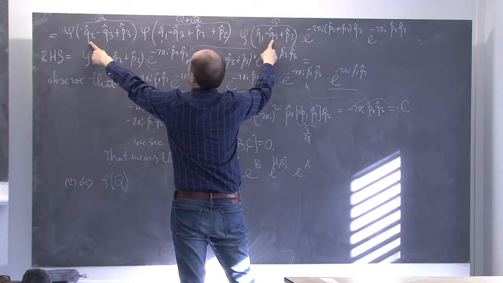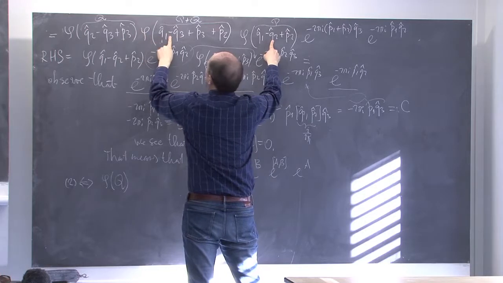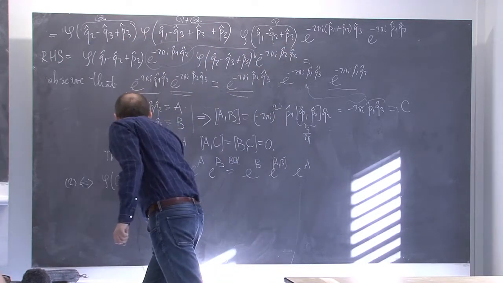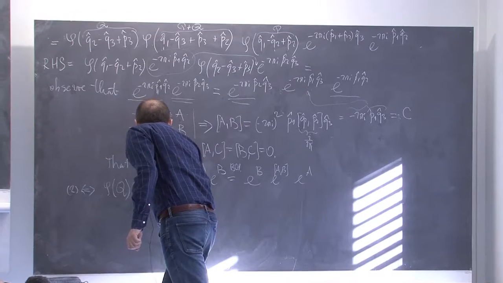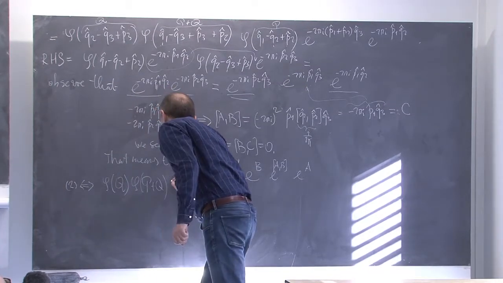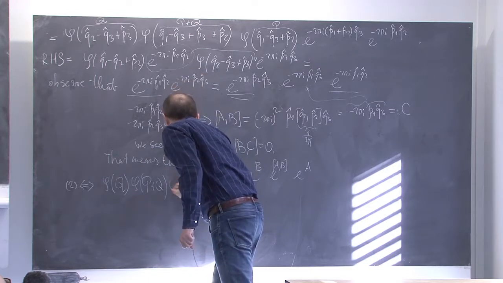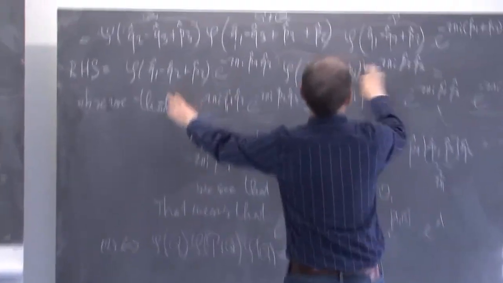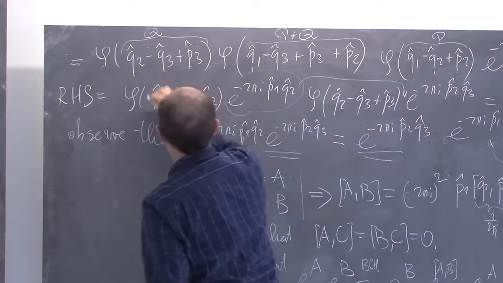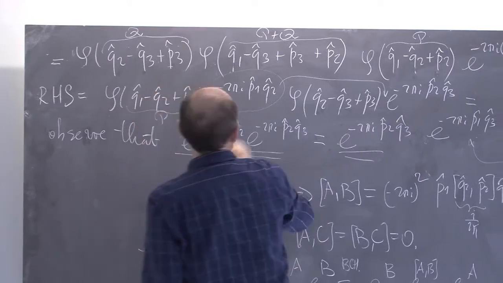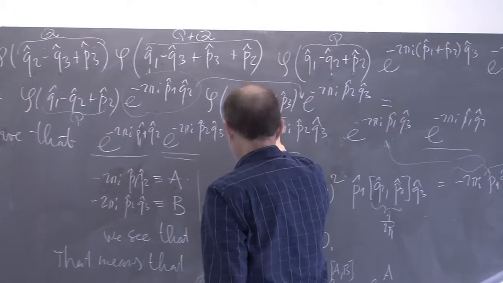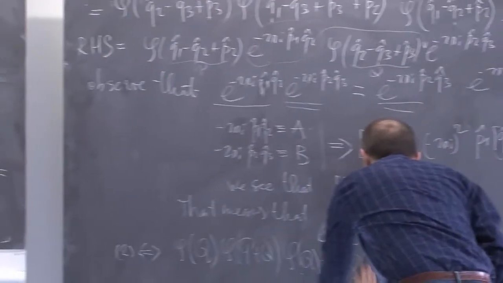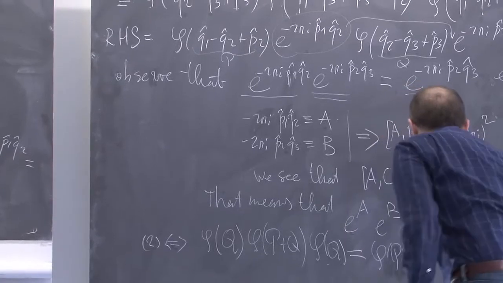Then we have minus Q3 and P2 plus P3. So in the middle we have exactly P plus Q. So the identity we are trying to check is phi of Q, phi of P plus Q, phi of Q equal to phi of P, phi of Q, phi of P.